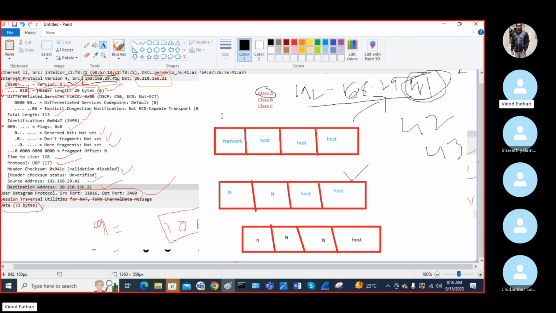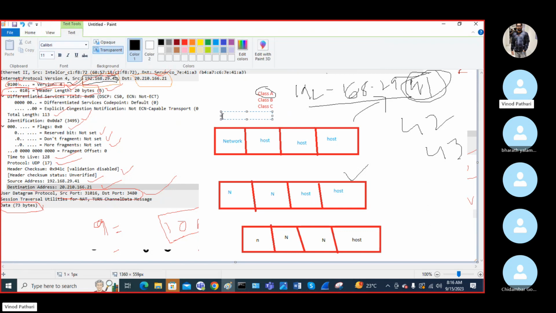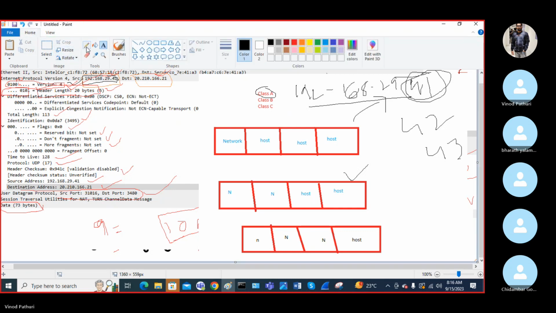You need to respond, or else I'll leave it here. 8 bits. So in an octet we have 8 bits, right? And we have 4 octets, so a total of 32 bits.